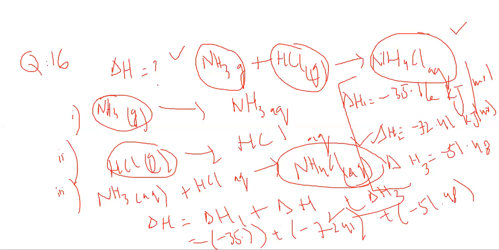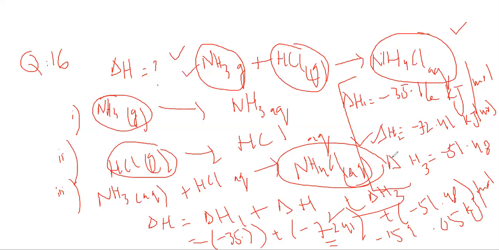Basically all will be minus. Plus minus, minus plus minus, minus, all the signs will be minus, so you have to add all these and your answer will be minus 159.05 kilojoule per mole. This is the answer for question number 16 for this specific reaction.